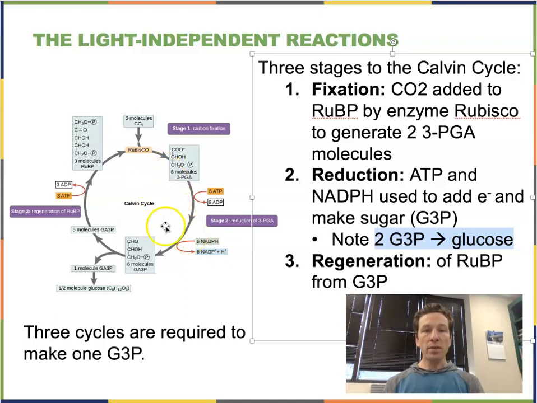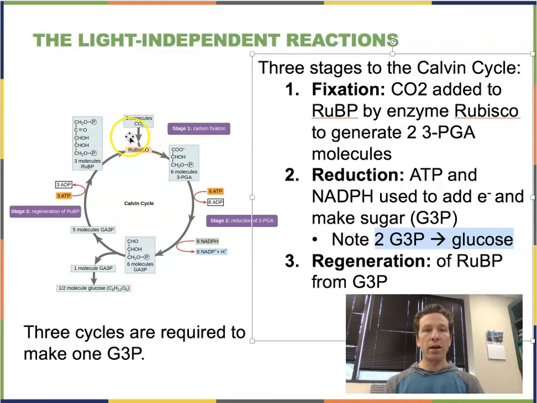We've said that most of the G3P in the Calvin cycle is used to remake RuBP, but not all of it actually is, because of course we do need to make some glucose. So here's how you can think about how much gets diverted from the Calvin cycle. As this is going around, each time it happens, we are fixing 1 carbon because we are adding 1 molecule of carbon dioxide.